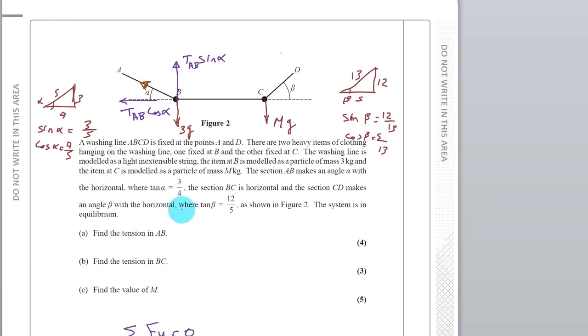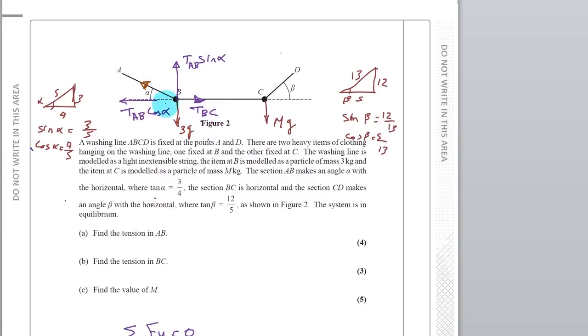Second one, find the tension in BC. So he needs the tension here at BC, T_BC.